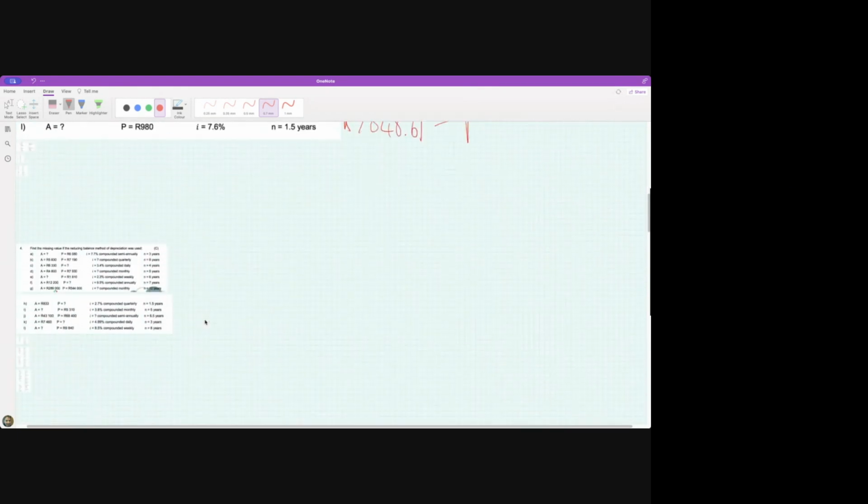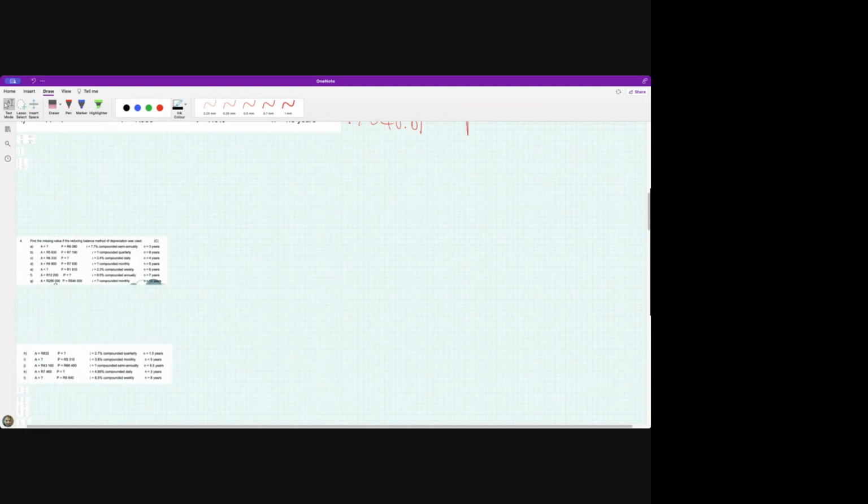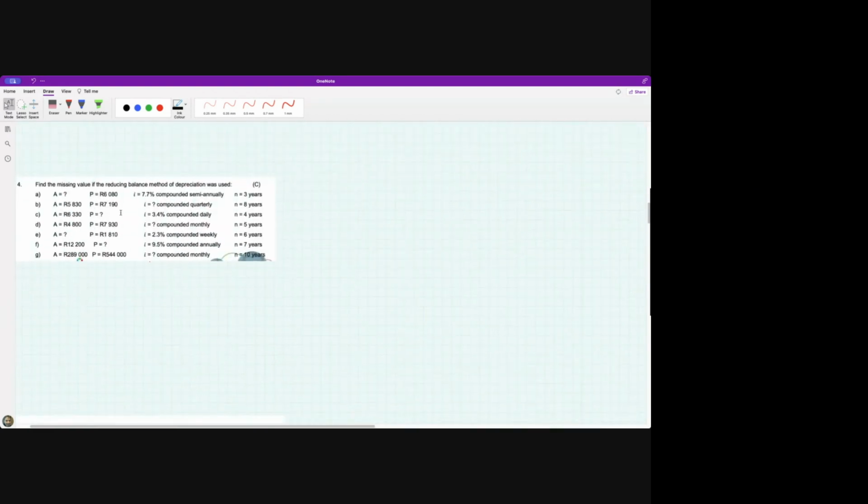So let's go now to what we're going to call the reducing balance method of depreciation. So for this one, let me move this out. What you're going to notice is for the reducing balance method of depreciation for the loss of value, we are now starting to compound not annually, but at different things.